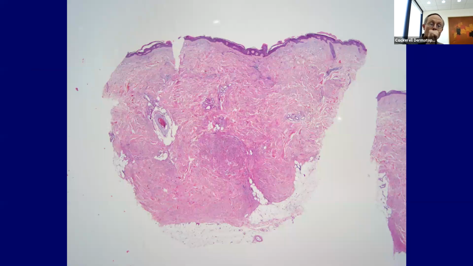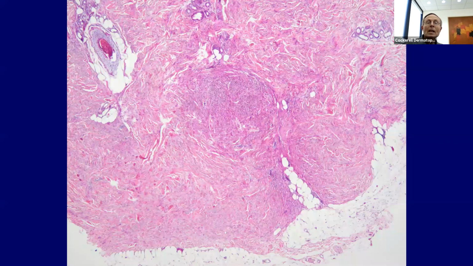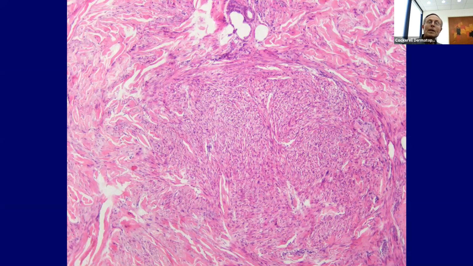Okay, here we've got a punch biopsy with diffuse involvement, spindle cell involvement once again, and we've got the same type of smooth muscle cells we had before, but this one was a little bit different because it also had some atypical cells admixed in here.